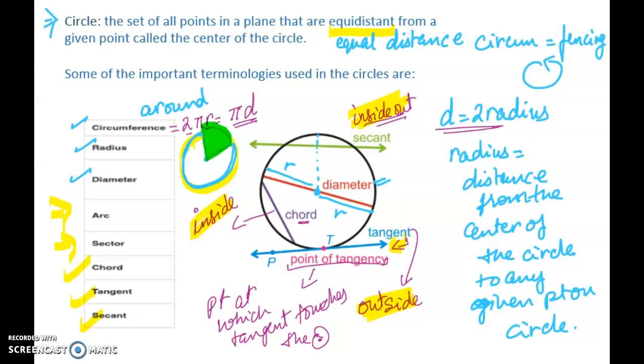Arc is divided into two categories. One is called major arc and another is called minor arc. Major arc, as you can see, the blue one, occupies the majority of the circumference. Minor arc, as the name suggests, is only a little portion of the circumference.